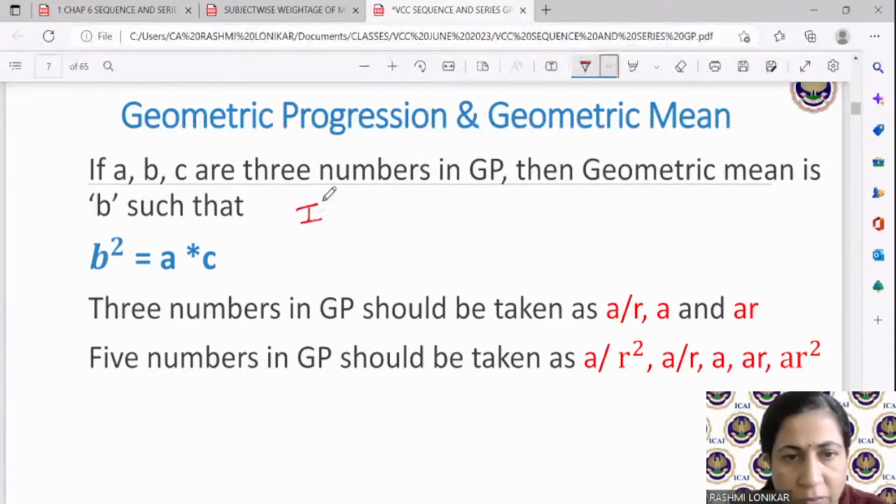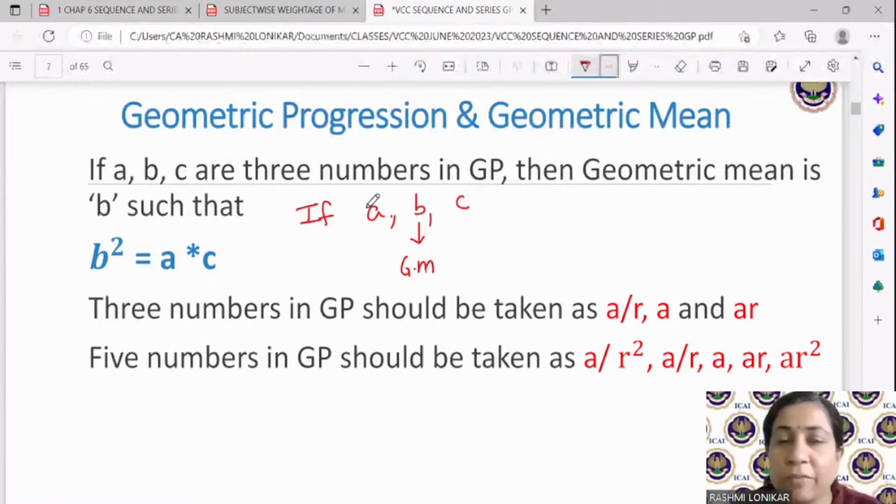If three numbers a, b, c are there, then b will be the geometric mean.